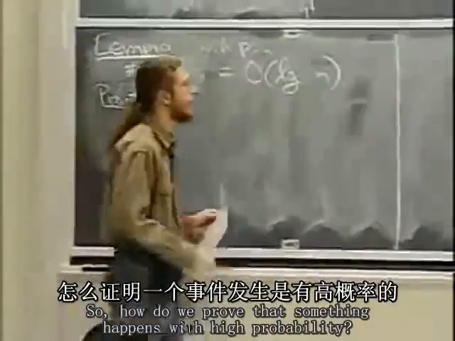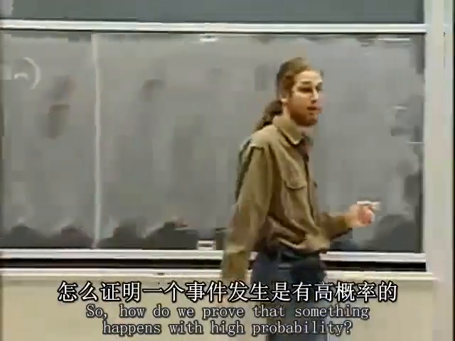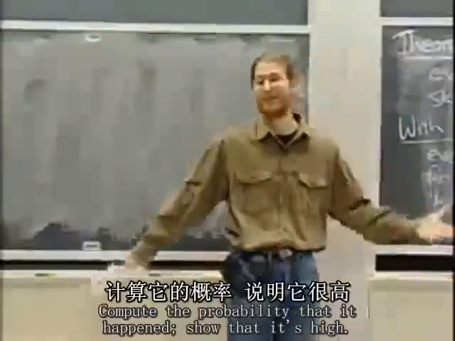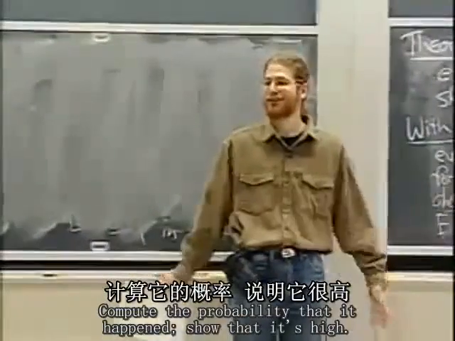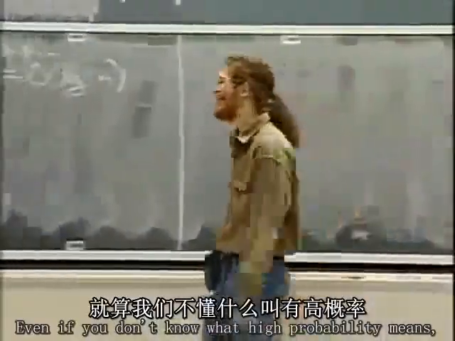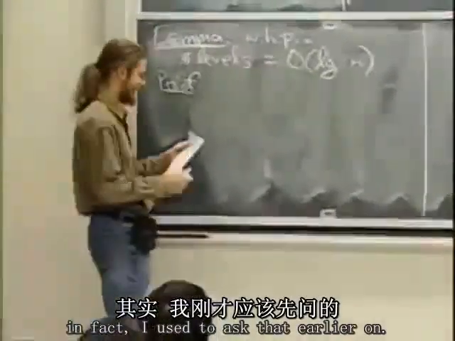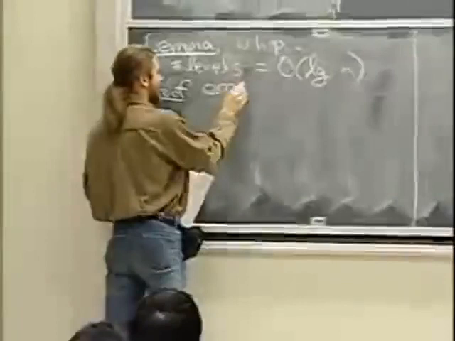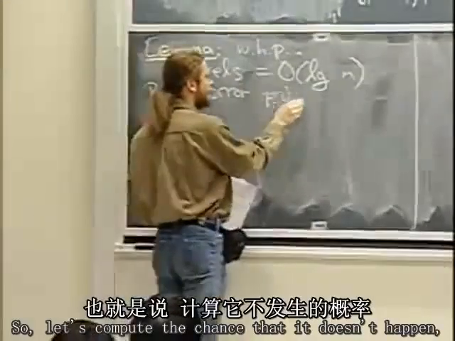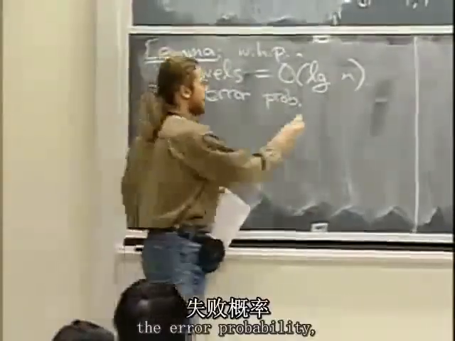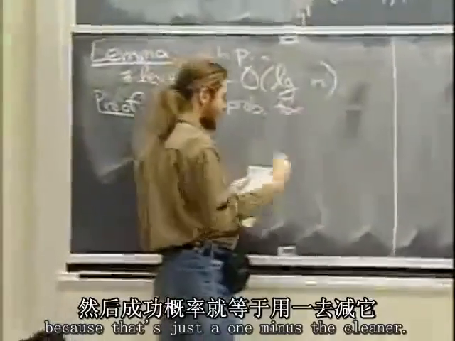So, how do we prove that something happens with high probability? Compute the probability that it happens, show that it's high. You can know that even if you don't know what high probability means. So let's compute the chance that it doesn't happen, the error probability, because that's just a 1 minus.